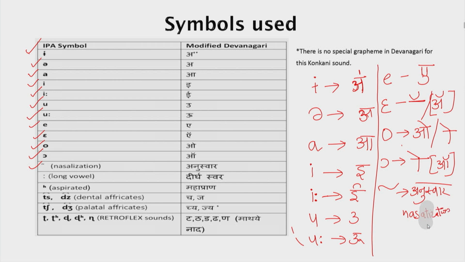This nasalization is very important in Konkani because if you don't put nasal mark on any words, the meaning changes. So I have told about this mark. The visarga is for long sounds or long vowels. This mark represents the Mahapran or aspiration.